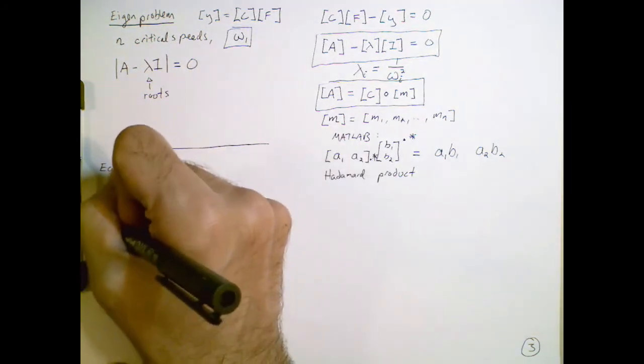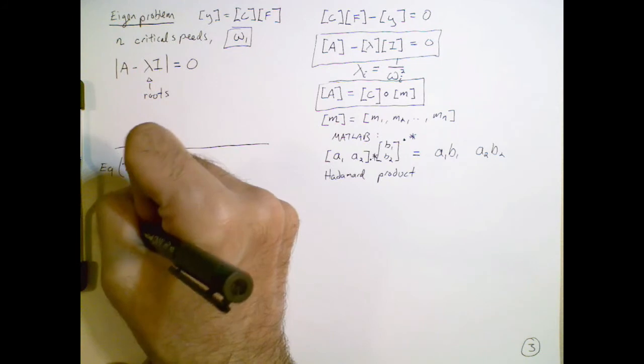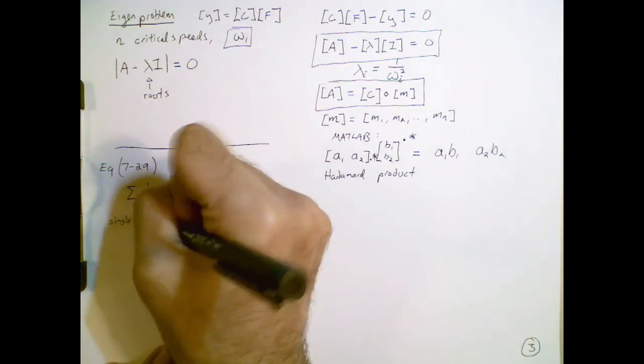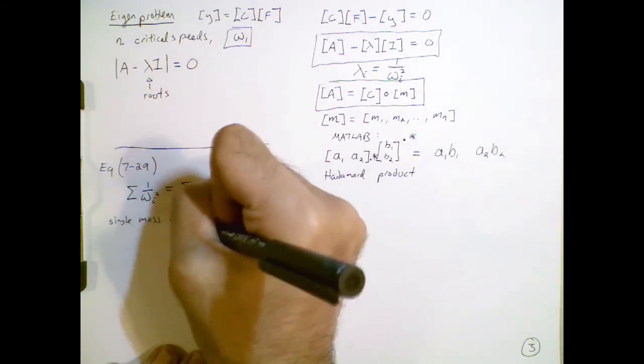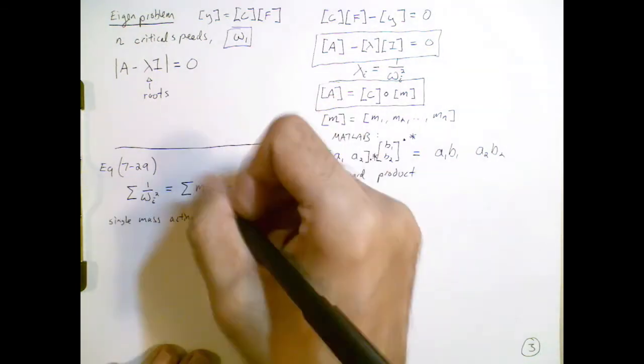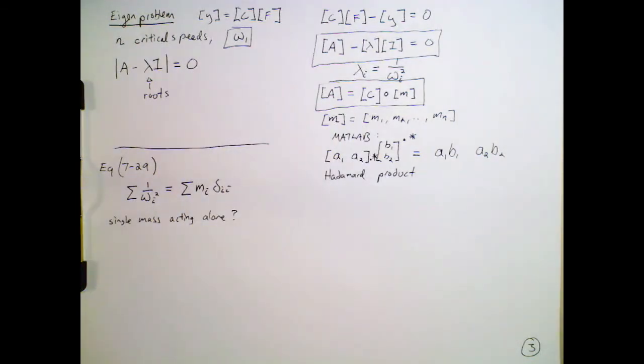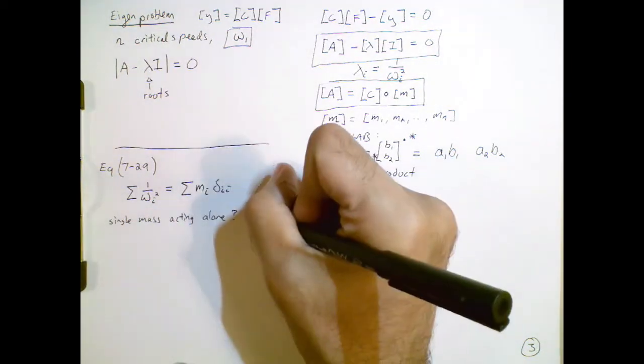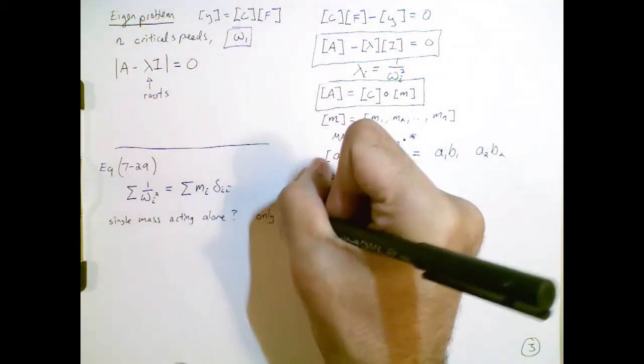What happens if we have a single mass acting alone? What would the critical speed be for an n-segment shaft if only mi was contributing?